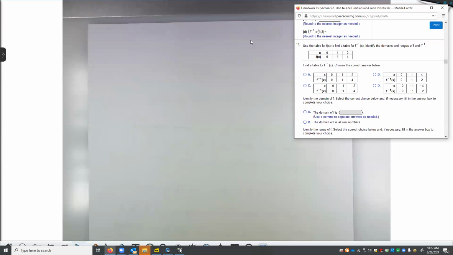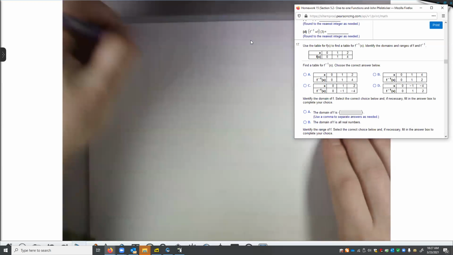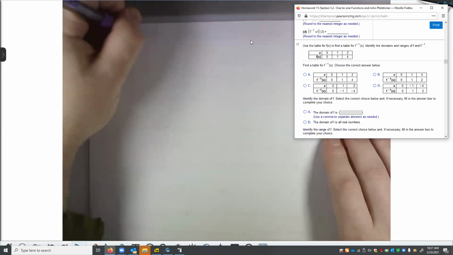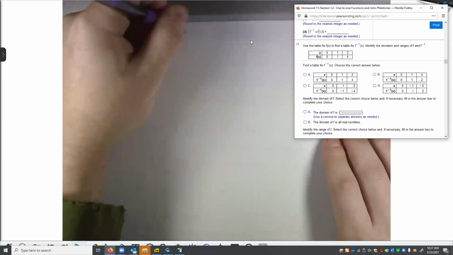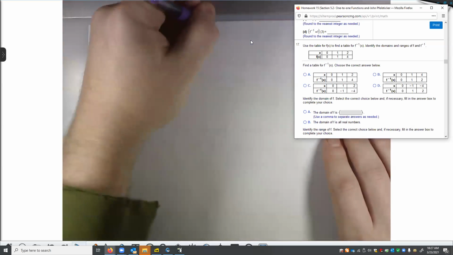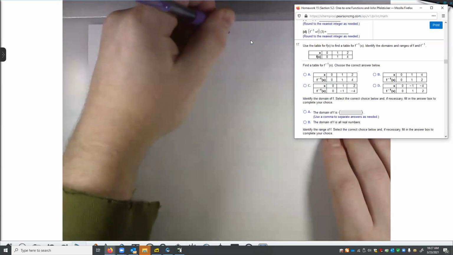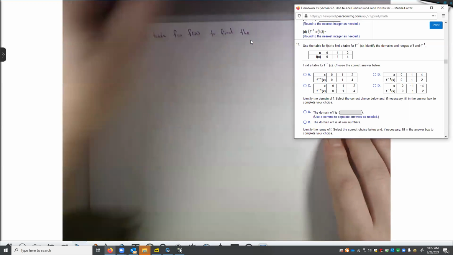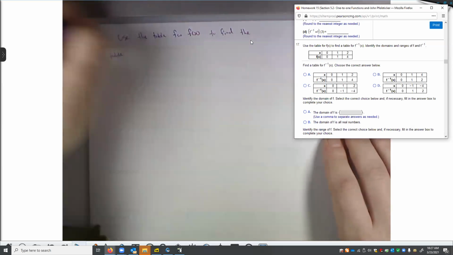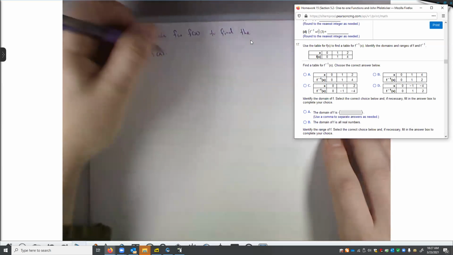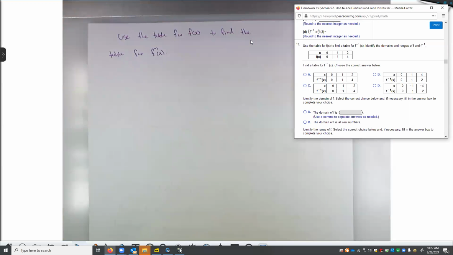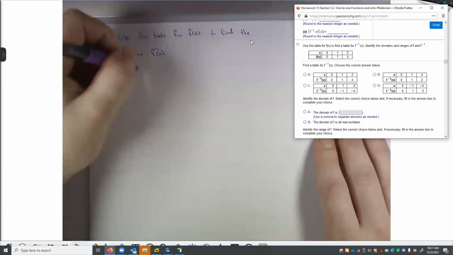So they give us a table for f of x. The table for f of x is simple.